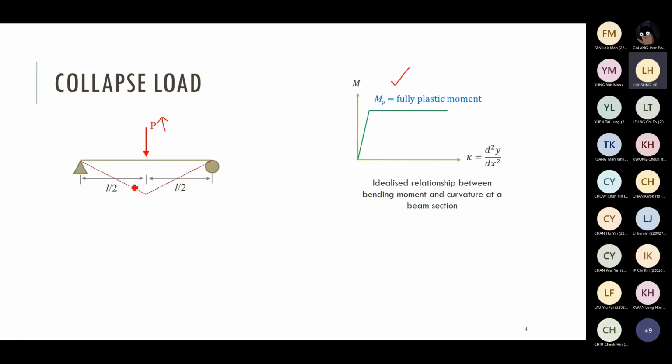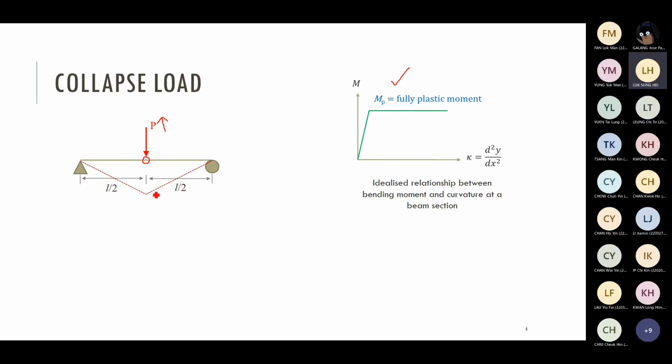This dashed line shows you the shape of the moment diagram, and you can see the maximum moment occurs at the location of the point load. So when loading increases up to one particular level, a plastic hinge will form at the location of the point load. Our target right here is to find out how large a loading is required to make the plastic hinge form at this point, at the middle.